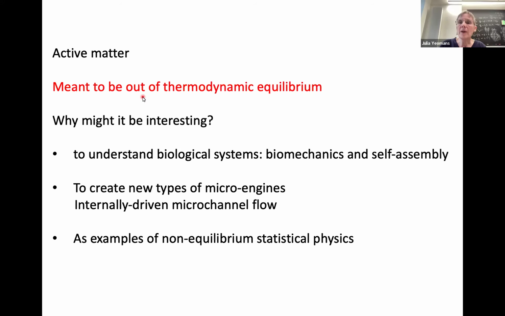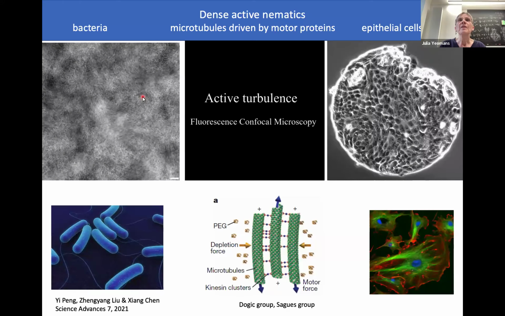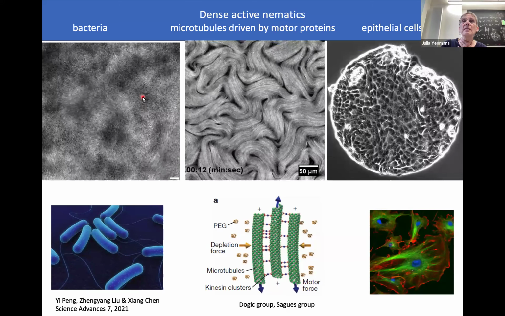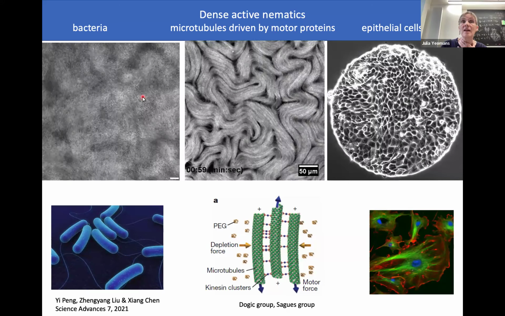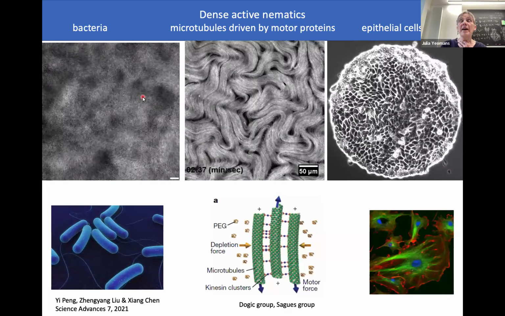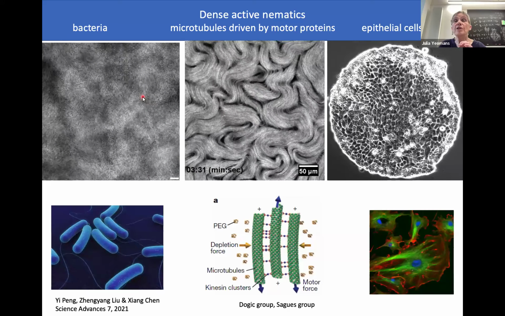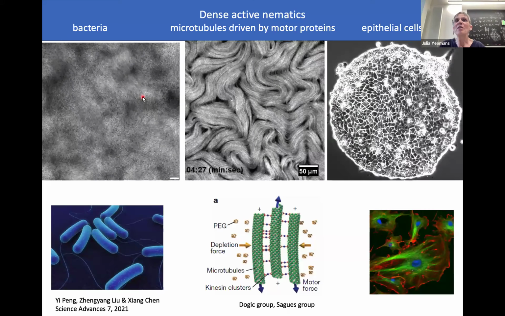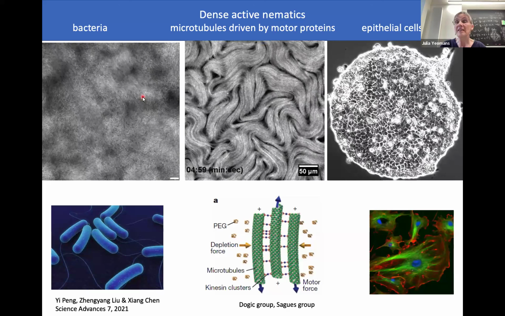So let's start with active nematics. These are the sort of systems I'm going to talk about. Dense active nematics. So a dense suspension of bacteria, microtubules, long, thin polymers driven by motor proteins, or a dense array of cells.